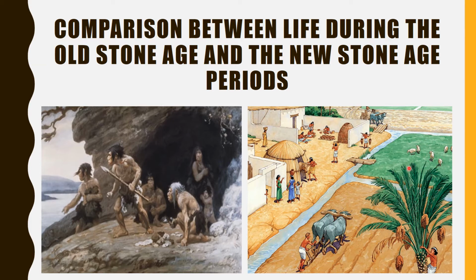That meant they were rearing animals. This looked like a bustling city where trading would have been taking place. Clothing was much more refined. And of course, there was art going on. Look at the architecture of the buildings. So this image to the right would imply that this was in the New Stone Age period, as opposed to the early beginnings of man in the Old Stone Age period to the left.